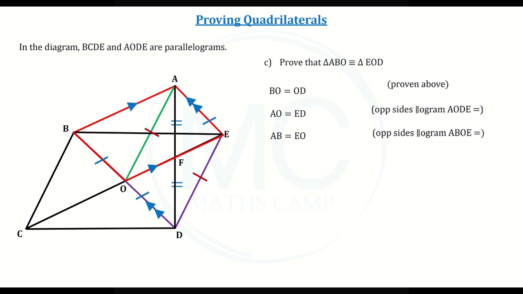Now in our triangles, we have three pairs of corresponding sides that are equal. So we have proven congruency. And as our final answer, we can say that triangle ABO is congruent to triangle EOD because three pairs of sides are equal. So as our reason, we use SSS for side, side, side.